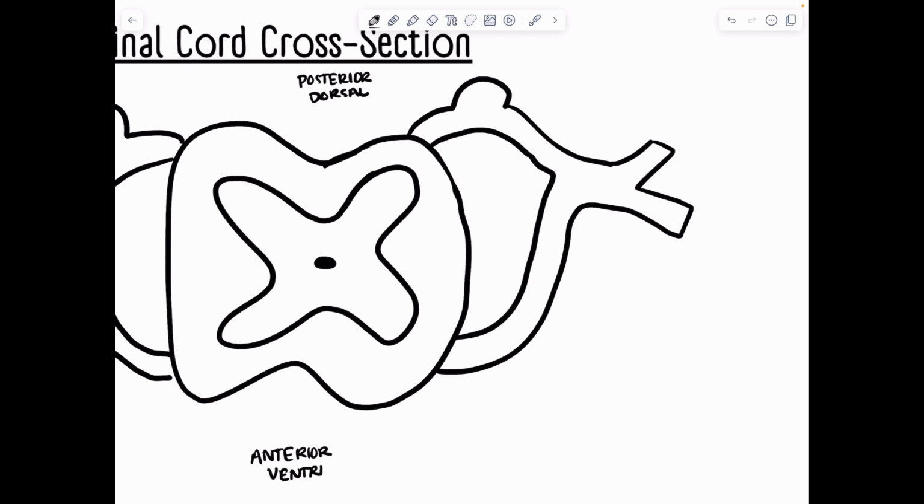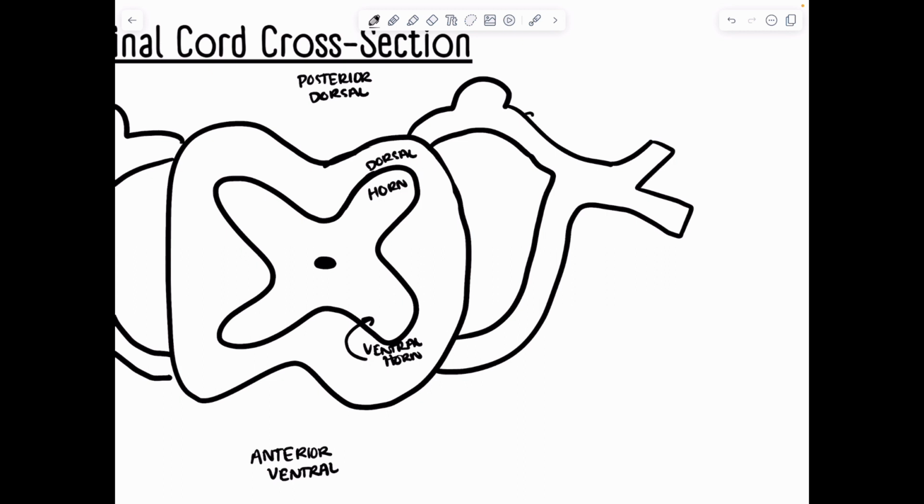I'm going to use the terms ventral and dorsal because in neuroscience, those are the terms that are seen most often. So our dorsal or posterior horn is right here. So this is our horn. This one would be our dorsal horn. This one would be our ventral horn. Right here.